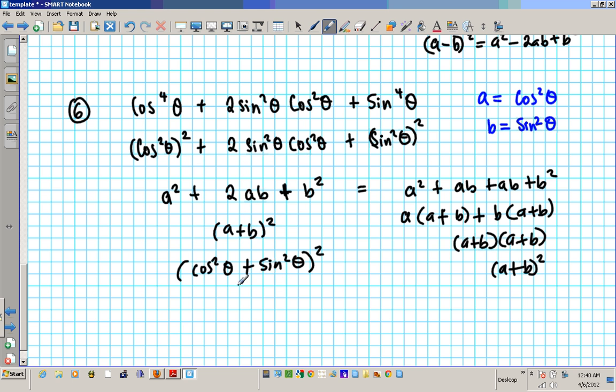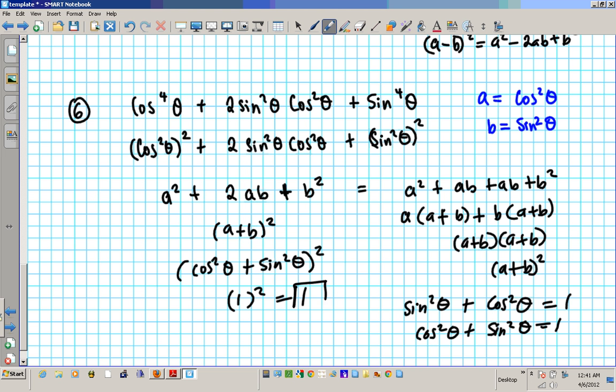So this whole expression right here is just 1², because we know that sin²θ + cos²θ equals 1. That equals 1. So 1² is 1, so that's your final answer, 1.